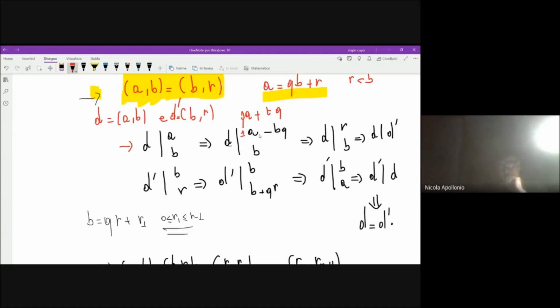S is equal to 1. Sorry, this is B, not Q, sorry.